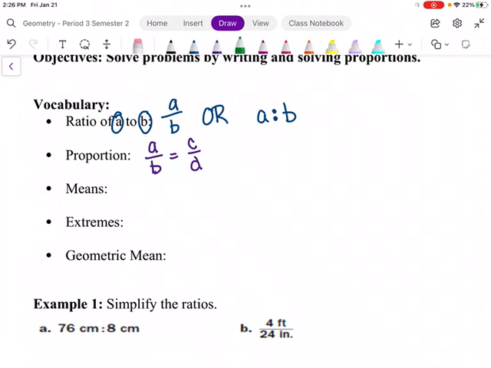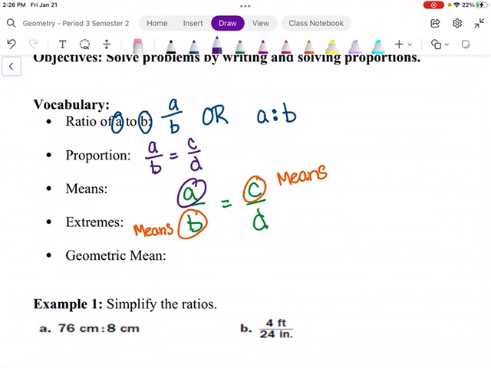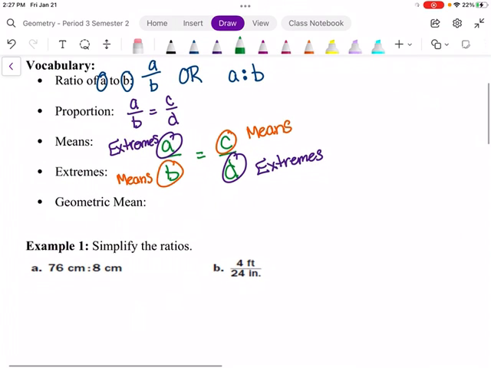And then we have our means and extremes. In a proportion, A over B equals C over D, the means are going to be the B and C, and the extremes are going to be A and D. We use these throughout to solve problems that are given to us in proportions.